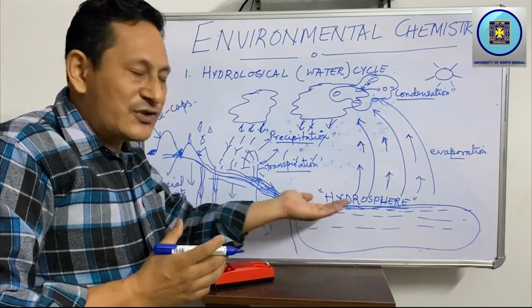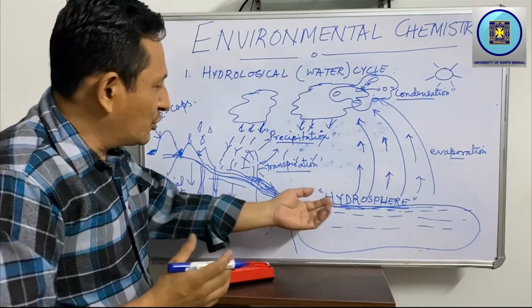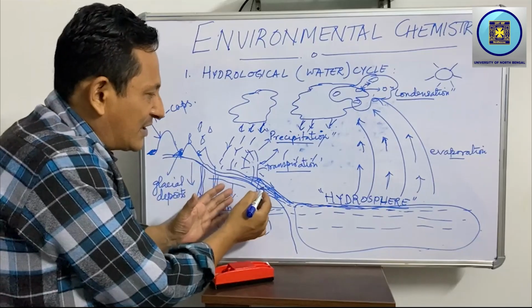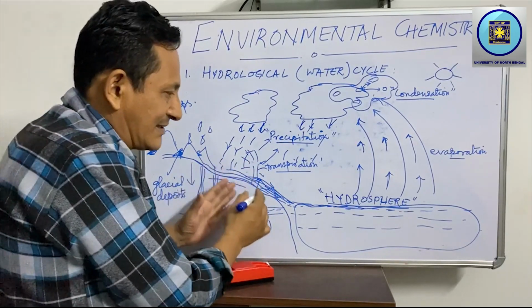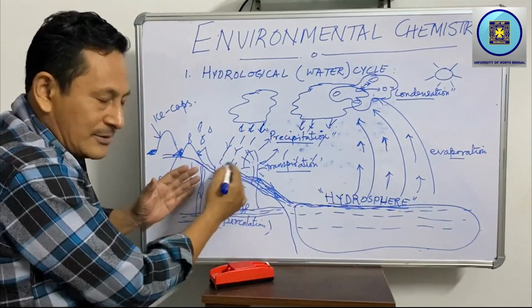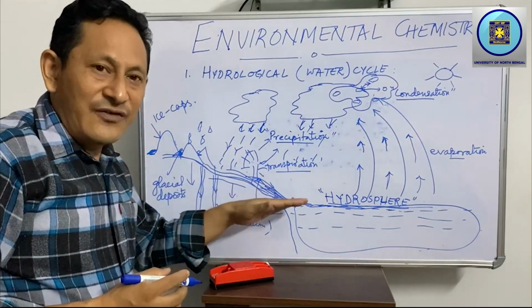If the hydrosphere is not there, we don't exist. Number one. Number two, this hydrosphere itself is a very vital habitat for every living organism on Earth. It can be aquatic life, it can be life on the surface of the earth. Whatever it is, the hydrosphere is very, very important.